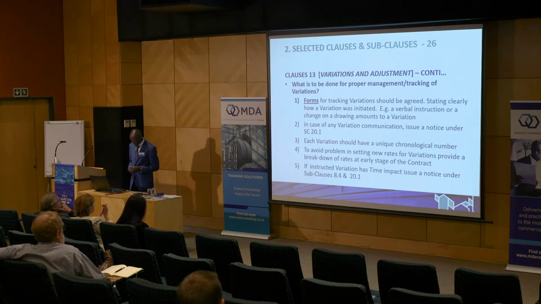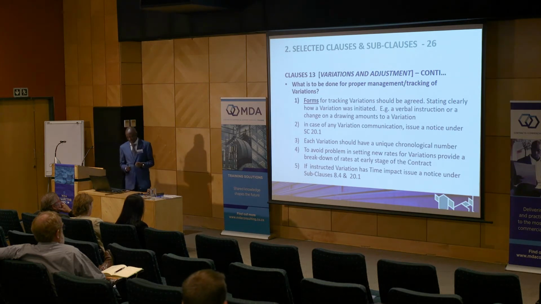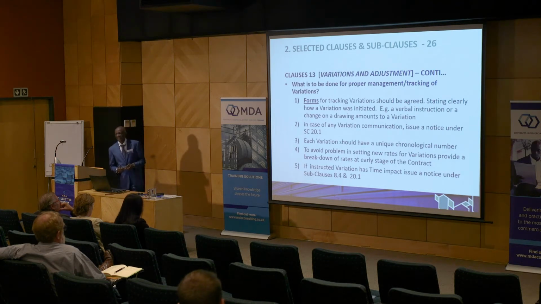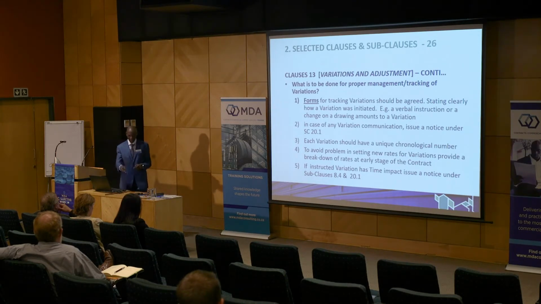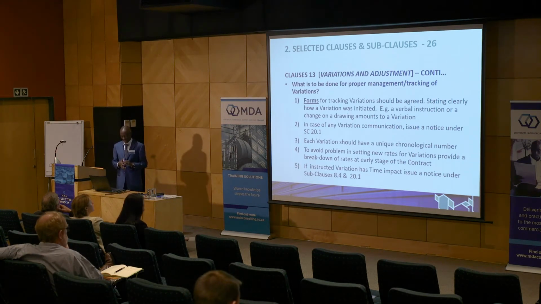And this form should state clearly how the variation was initiated, whether it was a verbal instruction or a written change on the drawing. I've seen some engineers who would just come and write on the drawing, go and do like this. If an engineer writes something on the drawing which changes the drawings, that is a clear variation which needs to be considered. So that form should indicate how that instruction was given.